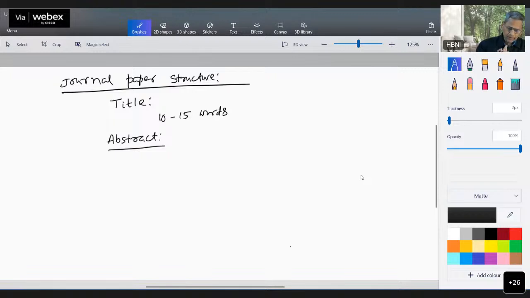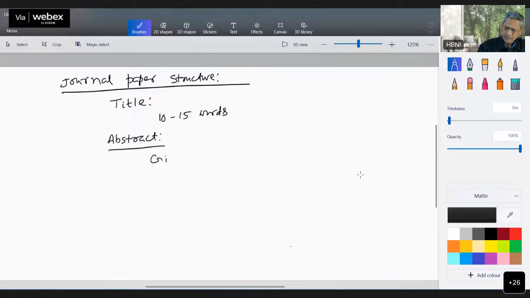You should keep in mind that you have to inform the reader in a very efficient way, so that without reading the whole paper, a general reader can know the outcome of the paper. So you have to write this in such an efficient way. Without reading the whole paper, a general reader can get an idea of what this paper is. So you have to write the abstract like this.